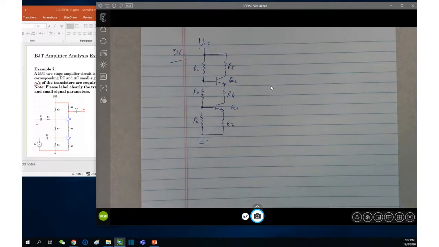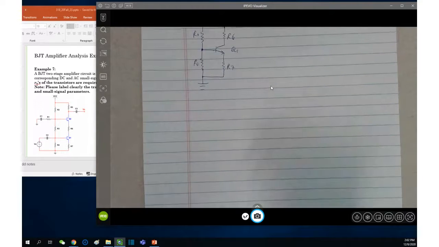And due to the open C1, R1 becomes useless, because one end of R1 is an open circuit. Open circuit means no current through R1, and no current through R1 means no voltage across it either. So R1 is gone. It's useless. So only 6 resistors are left in the DC circuit.